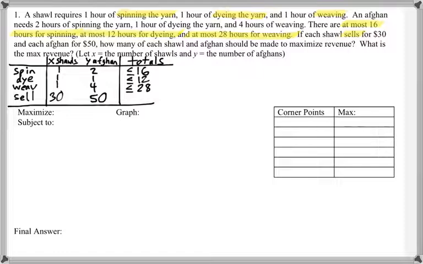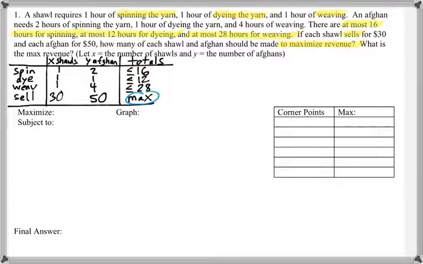And then finally, we are trying to maximize the revenue. So I'm going to put max here. Next, I want to translate my table into my equations. So these are going to be my coefficients of my x's. These are going to be my coefficients of my y's. And then these three are going to be on the other sides of the inequalities.